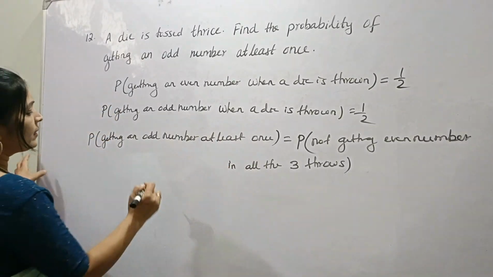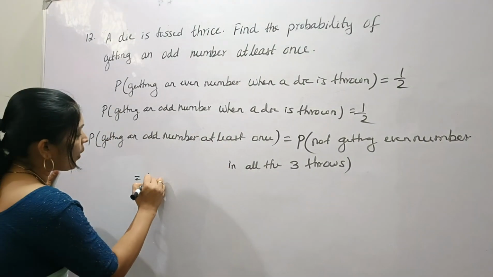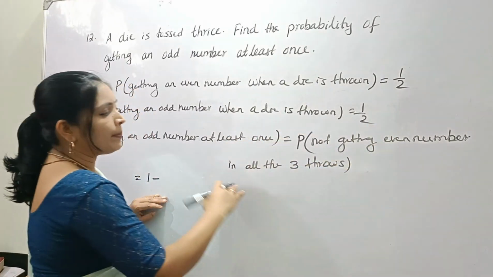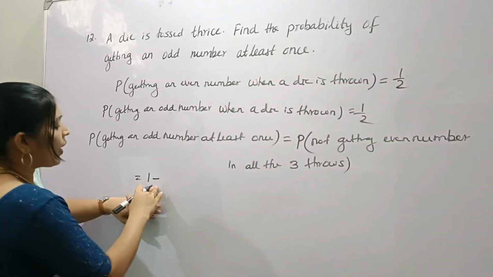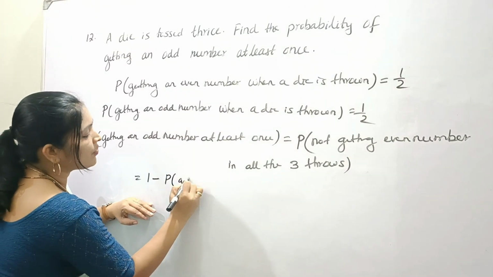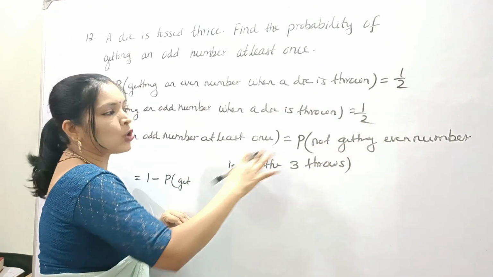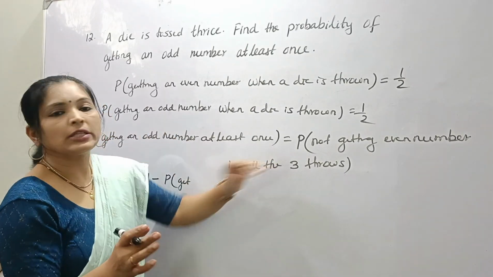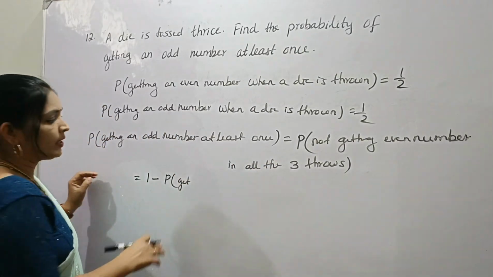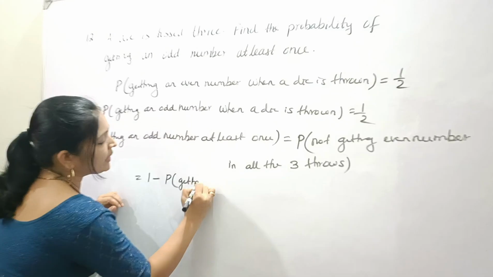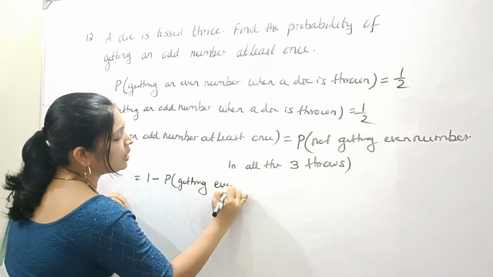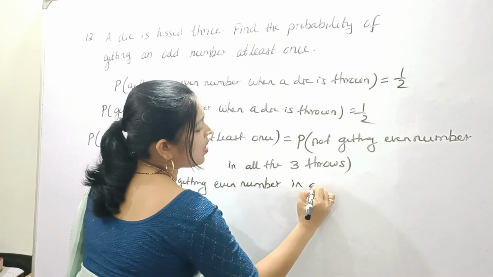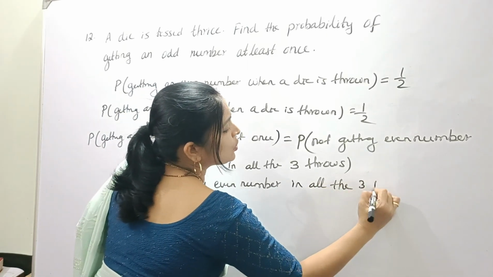Okay, so here that is 1 minus probability of not getting an even number in all the 3 throws, means 1 minus, it is the complement, right? Complement of probability of getting an even number in all the 3 throws.